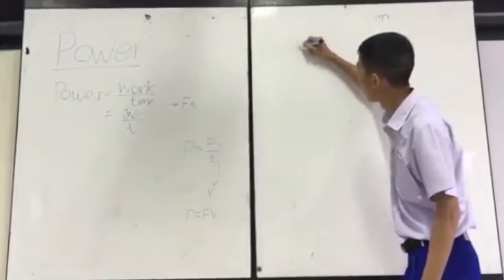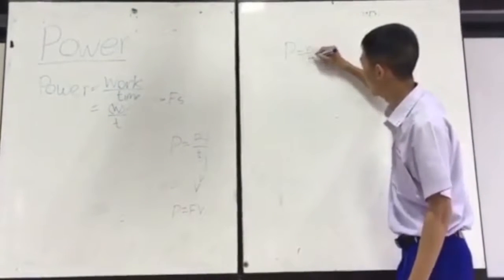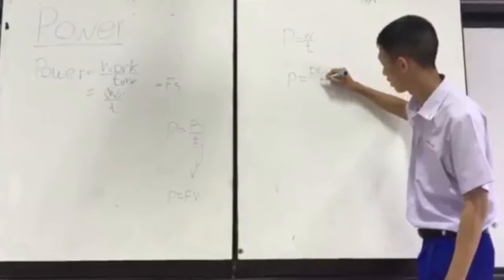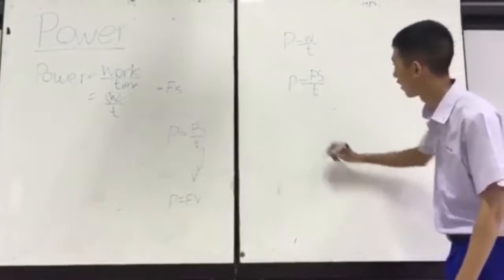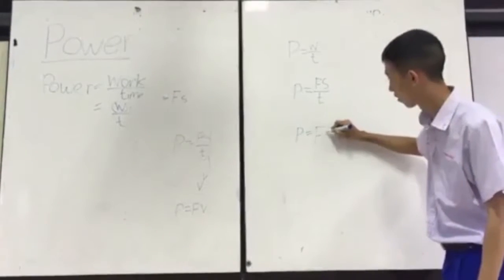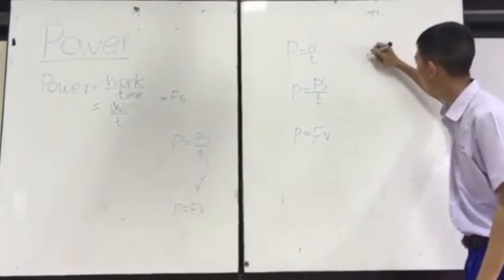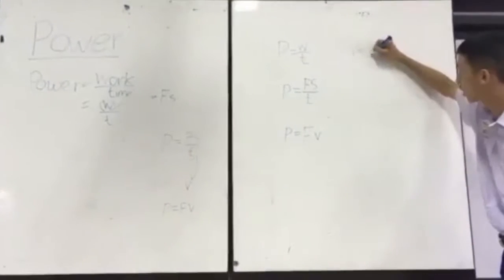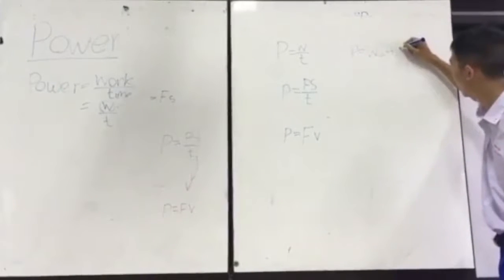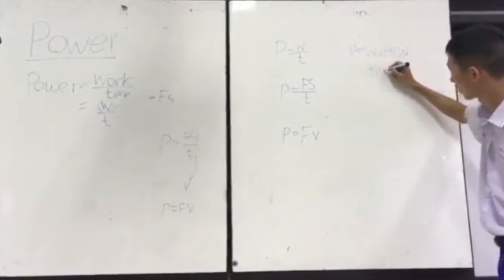So power is W over T, power equals F S over T, and F V. And the SI unit for power is watts, or joule per second.